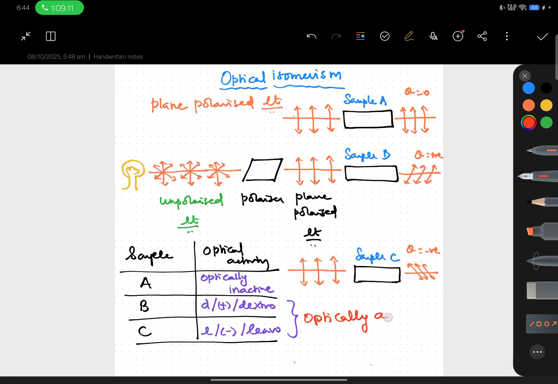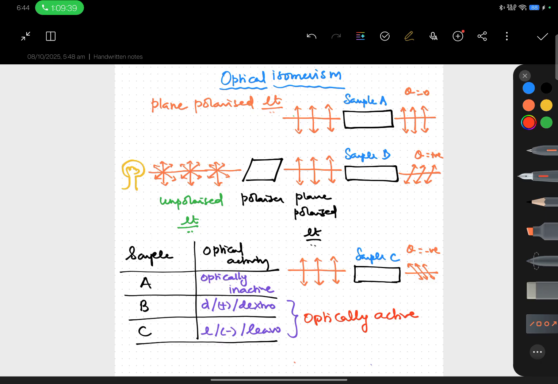An optically active compound rotates the plane polarized light towards left or right, while an optically inactive compound will not rotate the light in any direction. Is that clear? And remember, you should always use small d, small l. You should not use capital D, capital L. So this is what is called optical isomerism.